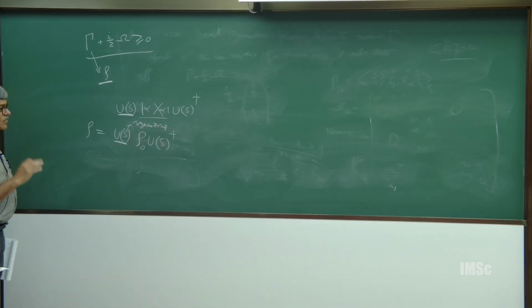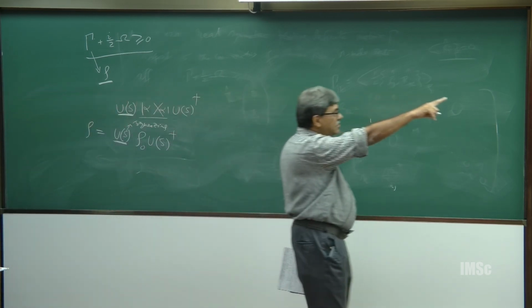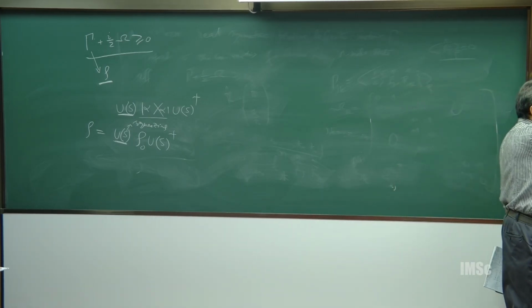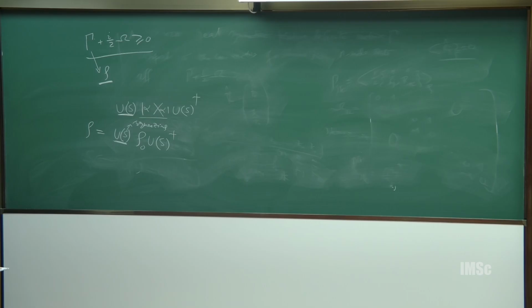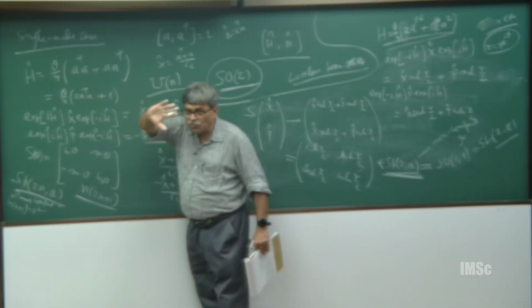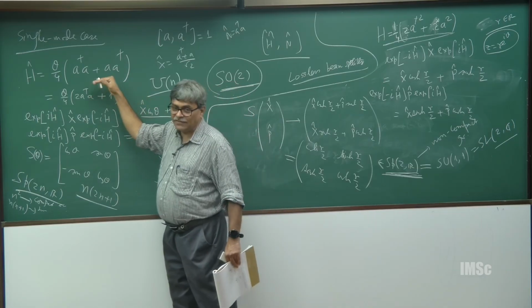When I say squeezing, it should involve not only the squeezing transformation, but also this rotation, because this rotation will generate squeezing in rotated quadratures. So, you cannot neglect this.